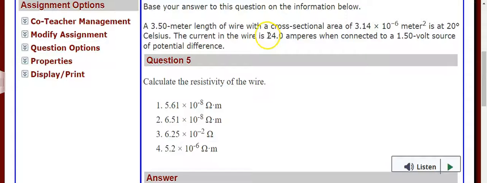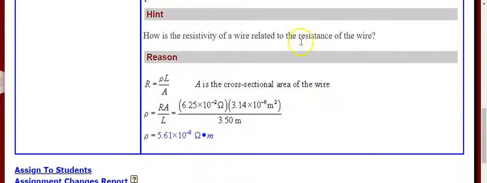You take this current I and this voltage V, and you have to solve for R. So using Ohm's law, R equals V over I, 1.5 volts divided by 24 amps gives you 0.0625 ohms, or 6.25 times 10 to the negative 2 ohms.